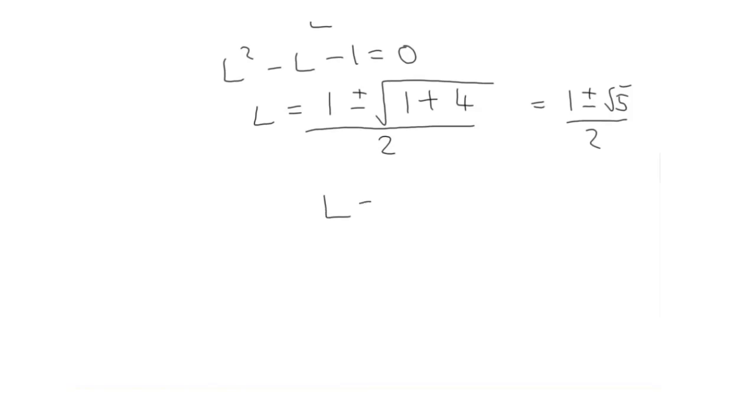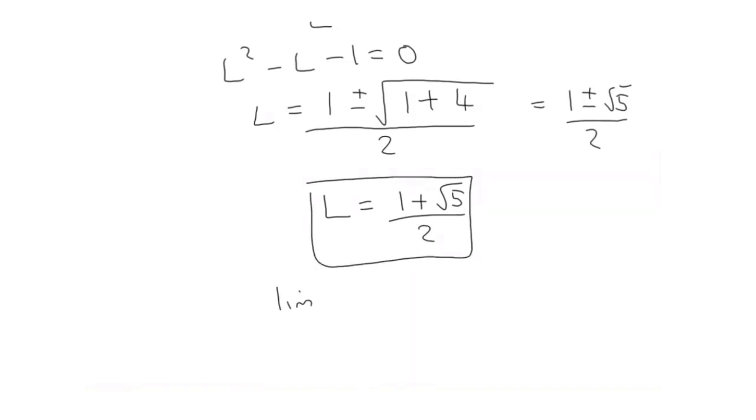So L equals 1 plus root 5 over 2, which means the limit as n approaches infinity of Un equals 1 plus root 5 over 2. And now that could become our upper bound. So we could get rid of that too.